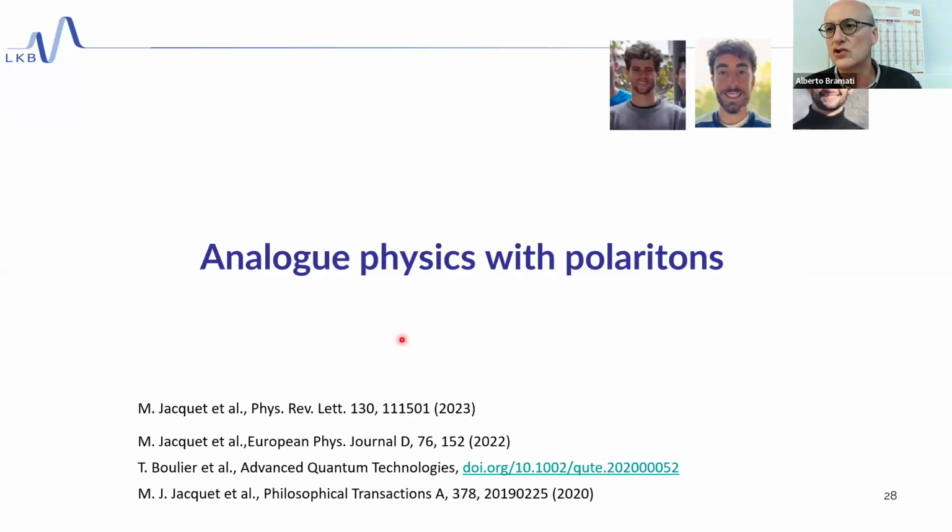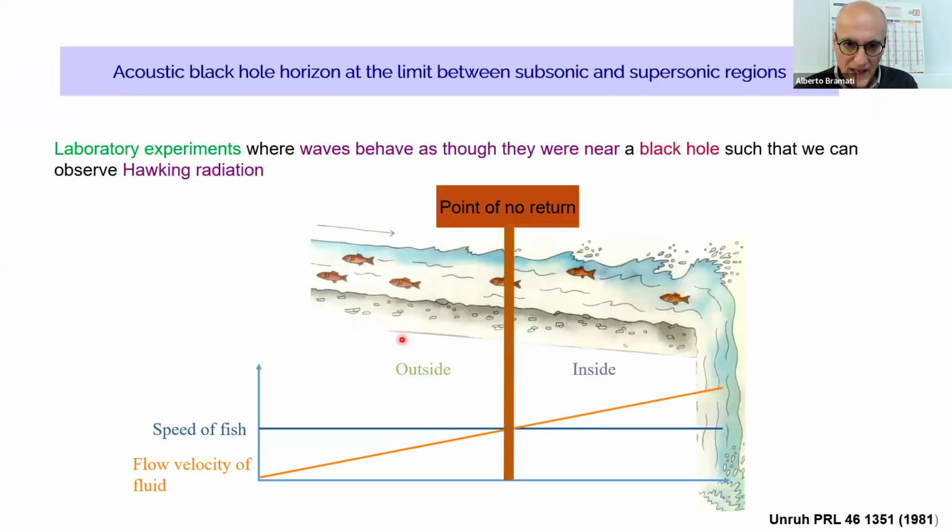And I would like to show you that these polaritons are also a very interesting platform in order to simulate different astrophysical objects, in particular to do analog physics with polaritons.